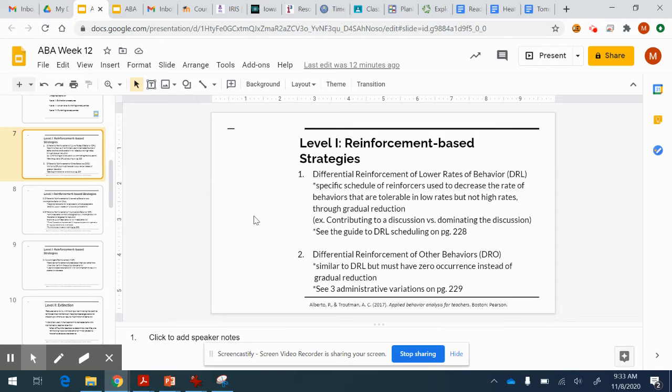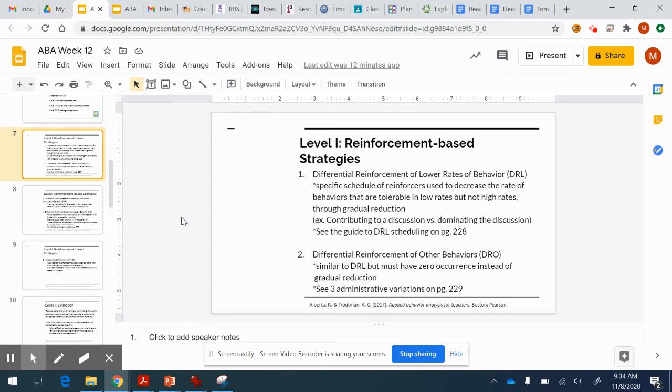So the first one, differential reinforcement of lower rates of behavior, or DRL. It's a specific schedule of reinforcers used to decrease the rate of behaviors that are tolerable in low rates, but not high rates, through gradual reduction. So the goal here is we want to gradually reduce the behavior. The author gives several good examples.